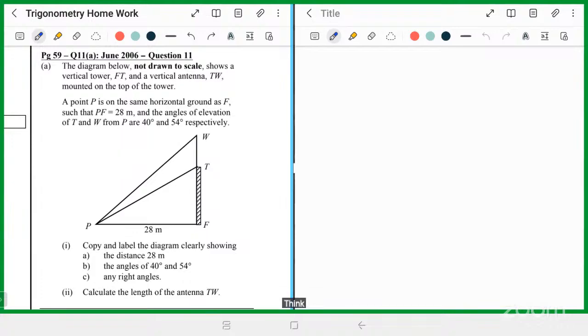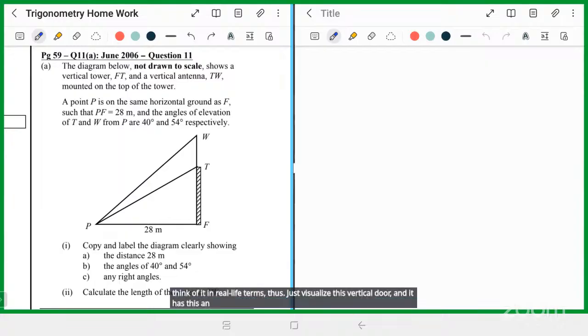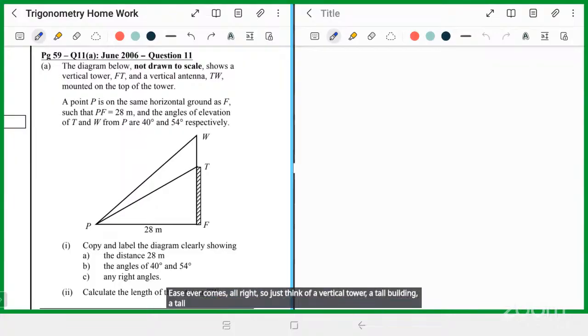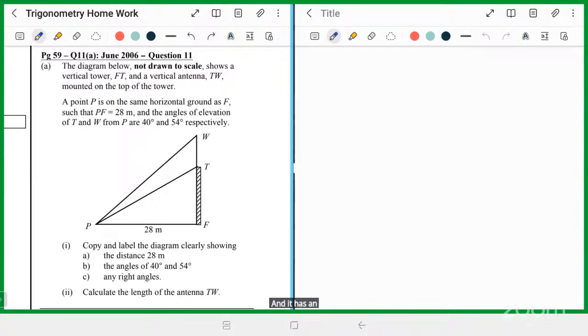Think of it in real life terms. Just visualize this vertical tower and it has this antenna on top. When you're doing real life questions, the more you can visualize a real life situation, the easier it becomes. So just think of a vertical tower, a tall building, a tall structure, and it has an antenna on top, and the antenna is vertical.